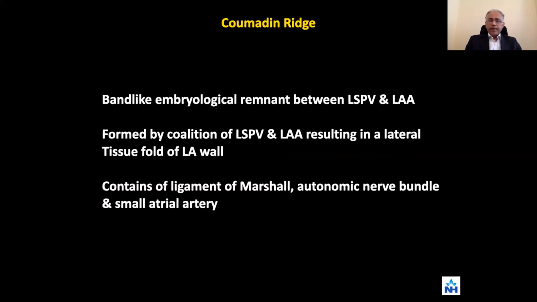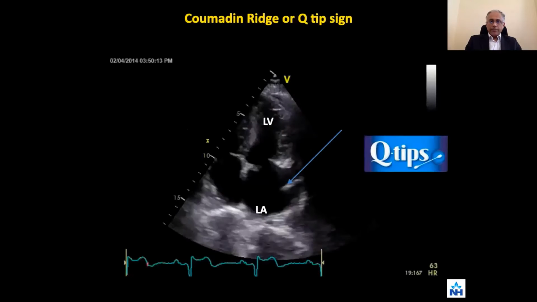It's a band-like embryological remnant between the left superior pulmonary vein and the left atrial appendage, formed by the coalition of these structures, and it forms a tissue fold. As far as the surgeons and anatomists are concerned, it contains the ligament of Marshall, the autonomic nerve bundles pass through it, and you have a small atrial artery also, which you don't see, but it tells you what it contains.